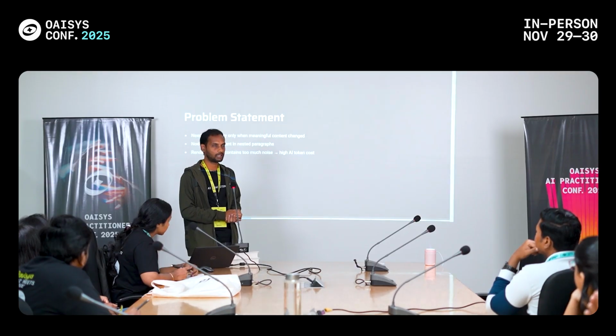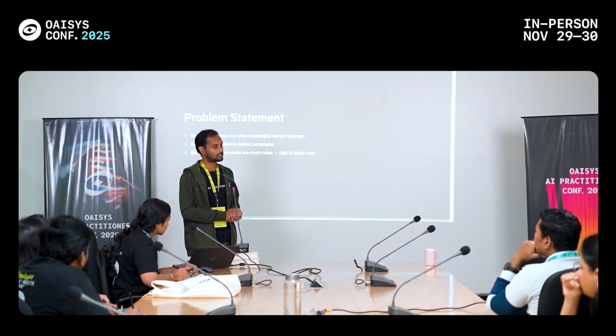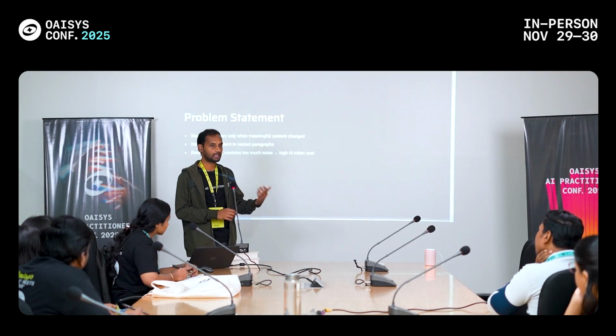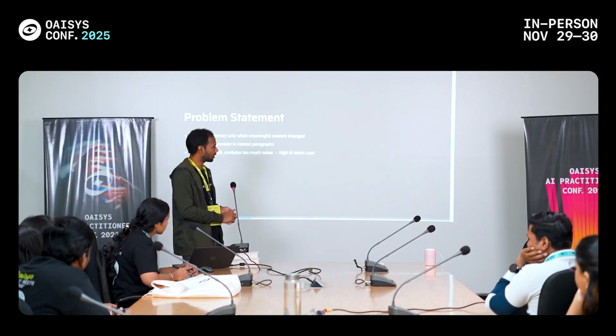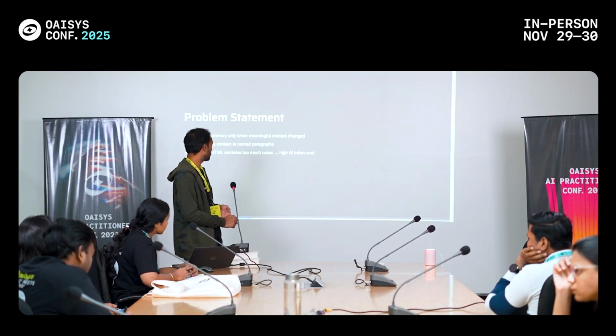We thought initially, let's show a diff tab comparing the revisions we have. At the same time, we thought let's give a high-level summary of which sections got modified, so that they are prepared before going into the diff tab. That is the problem statement we have.